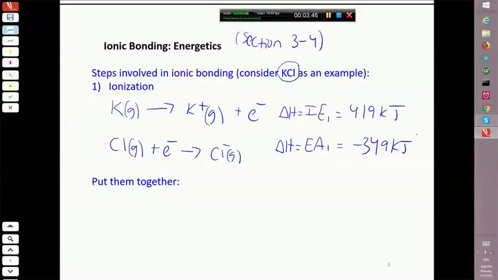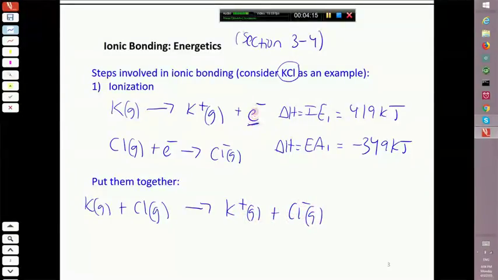And then, as we now learned in Chapter 7, if we want to find the overall energy for the process of taking potassium and chlorine and making K+ and Cl-, we can add the two equations together, and then we can add the two delta H's together. So if we put everything together, gas phase potassium plus chlorine goes to K+ Cl-.